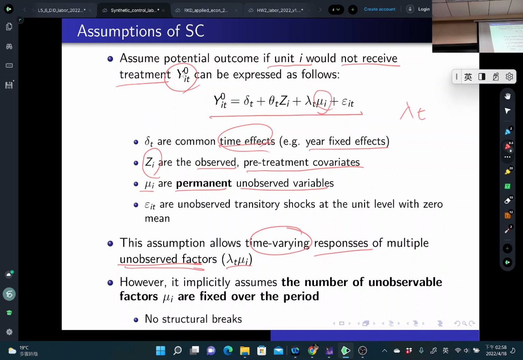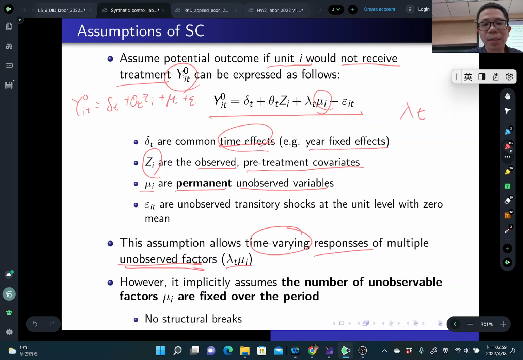In the difference in difference, we do not allow this. In the difference in difference, the Y0 looks like this: Y0 is delta t Z and mu i. In difference in difference, we do not allow a time effect.